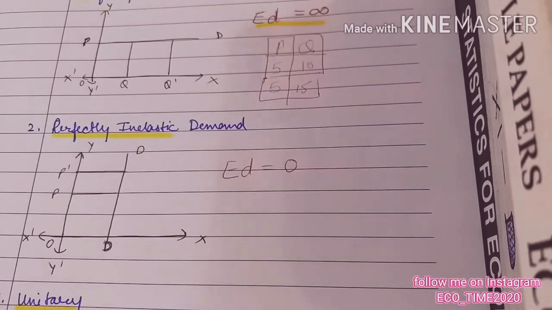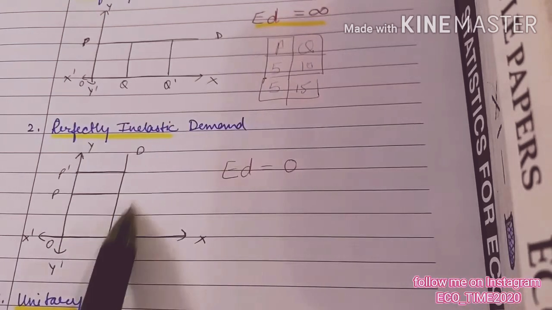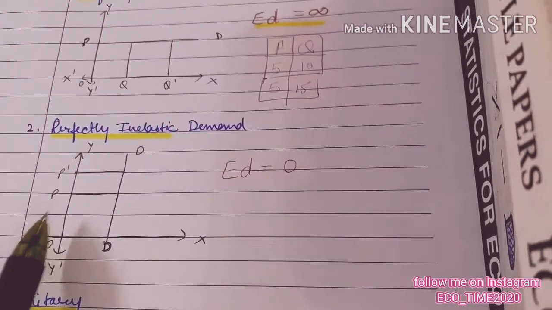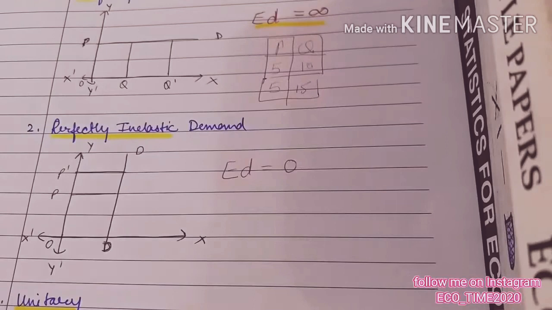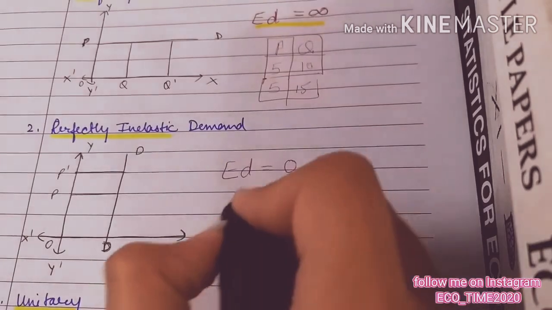In such a case, demand curve will be a vertically straight line parallel to y-axis. So you can see the demand is not changing, but the price is changing. So can you tell me what will be the schedule for perfectly inelastic demand?